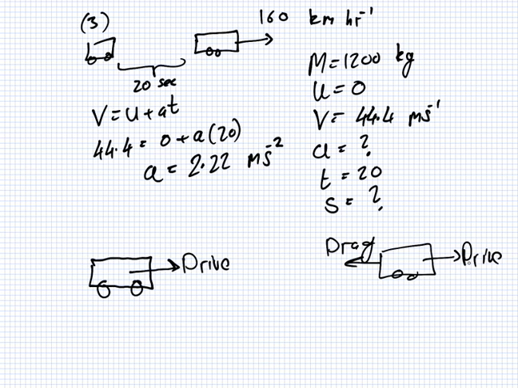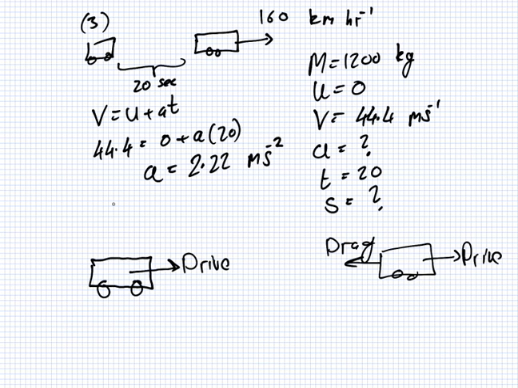Because I said in the question, that's its top speed. 160 kilometers an hour is its maximum speed. So it can't go any faster. So that means the drag force must cancel the driving force.